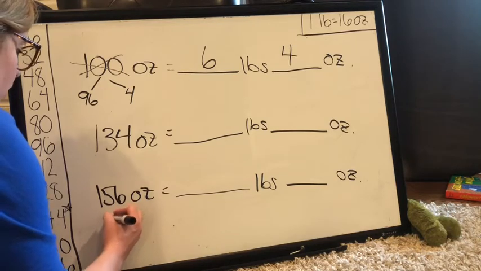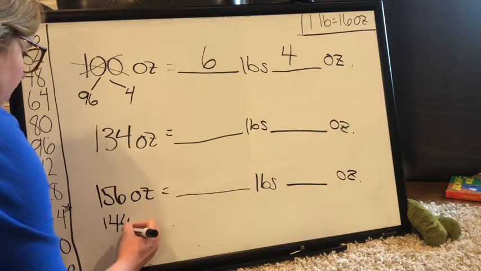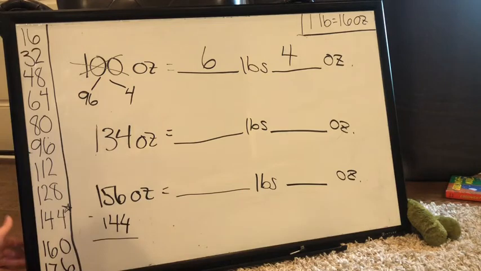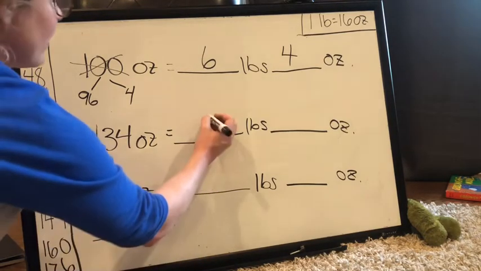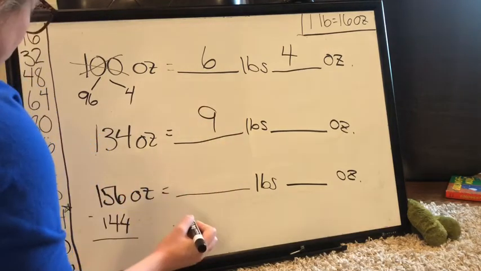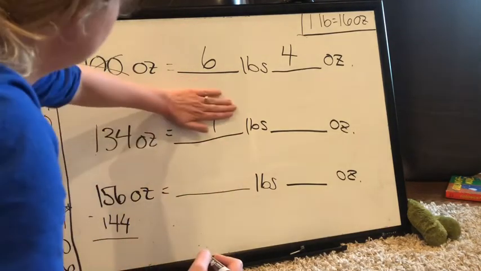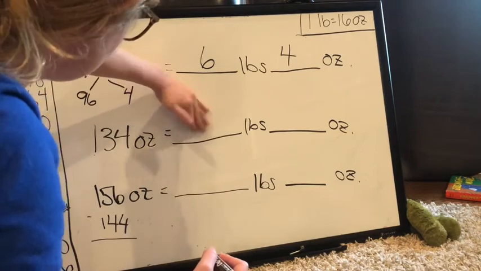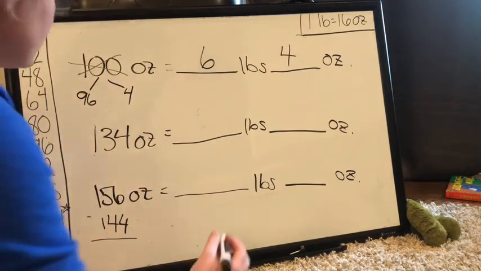I'm going to write that down here. Now I forgot how many pounds that is, so let's count. 1, 2, 3, 4, 5, 6, 7, 8, 9. 9 pounds. Oops. Silly Mrs. Halverson. For some reason I did this one first.